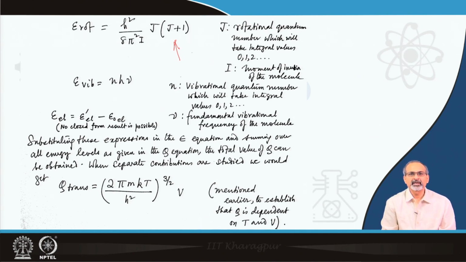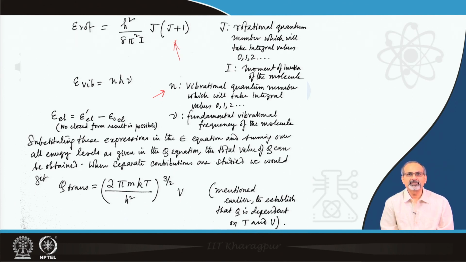For vibrational energy, n is the vibrational quantum number, which will take integral values of 0, 1, 2, and so on, and ν is the fundamental vibrational frequency of the molecule. For the electronic energy, there is no closed form result available, and spectroscopic data have to be plugged in in order to evaluate it.